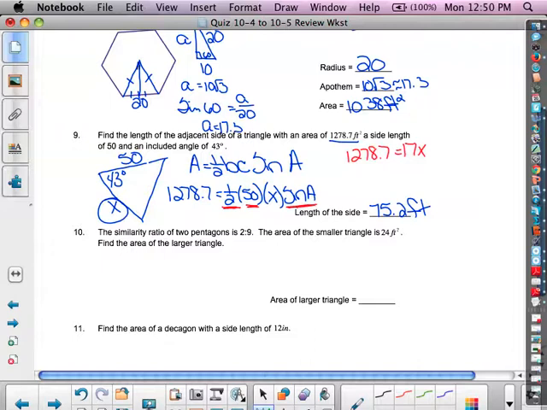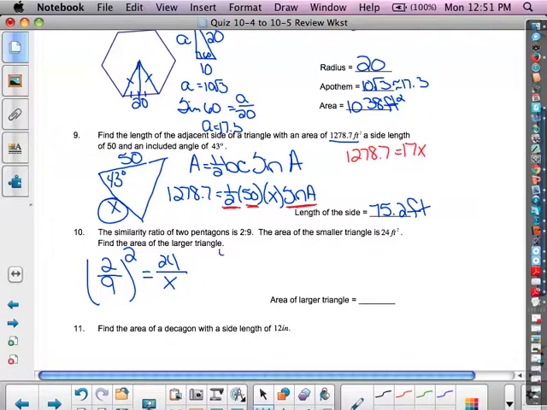Number 10, the similarity ratio of two pentagons is 2 to 9. Then you are given the area of the smaller pentagon. Remember, you're talking about area, so you want to square that similarity ratio. The area is 24, and you need to find the area of that larger pentagon.